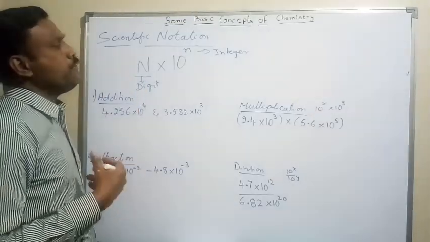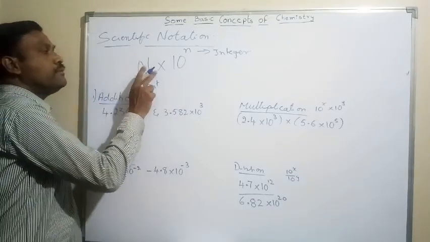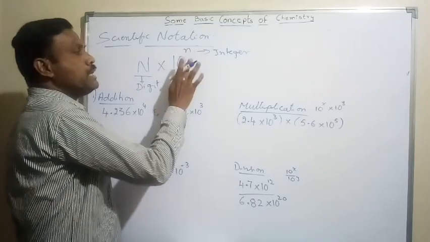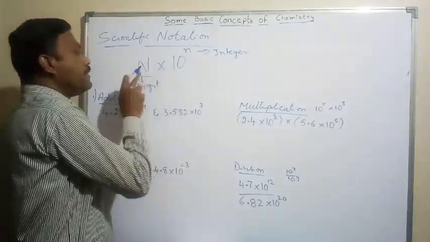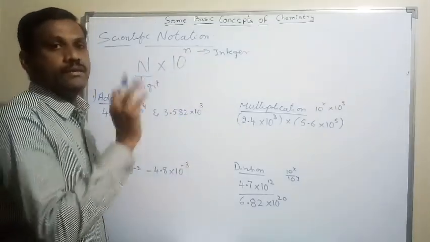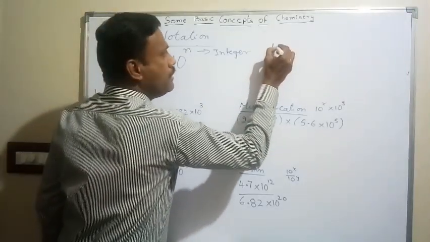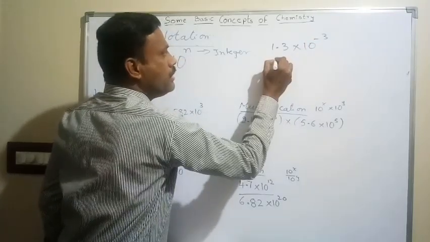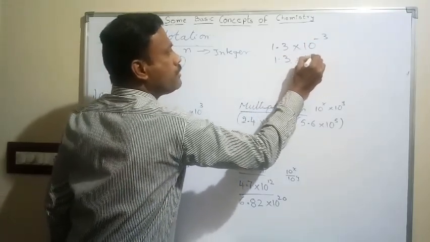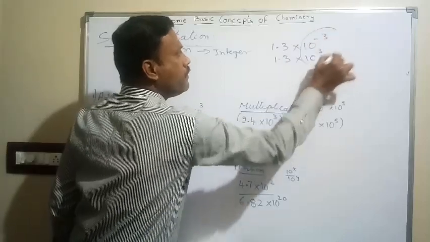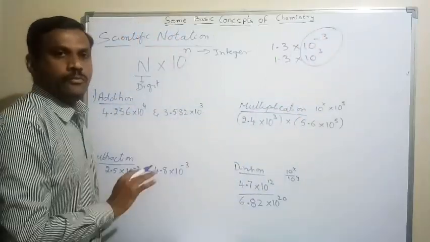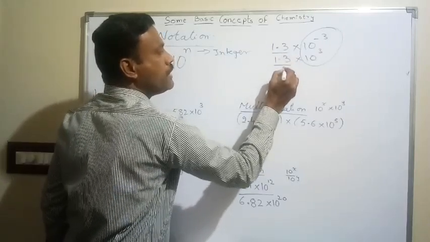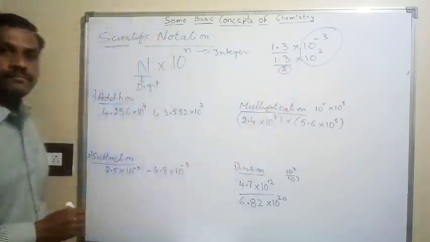While finding significant figures for scientific notation, the exponent portion is not significant and the numerical portion is significant. For example, 1.3 into 10 to the power of minus 3, 1.3 into 10 to the power of 3. Exponent form will not have any significance. So it is only the numerical part. Total number of significant figures will be 2.